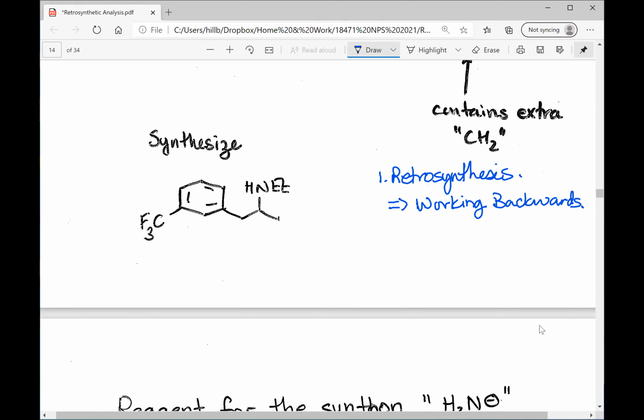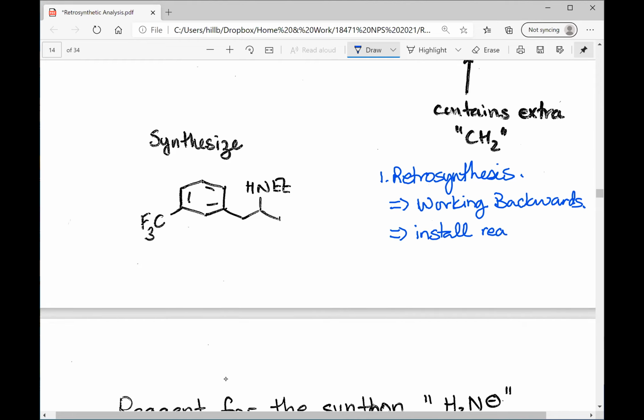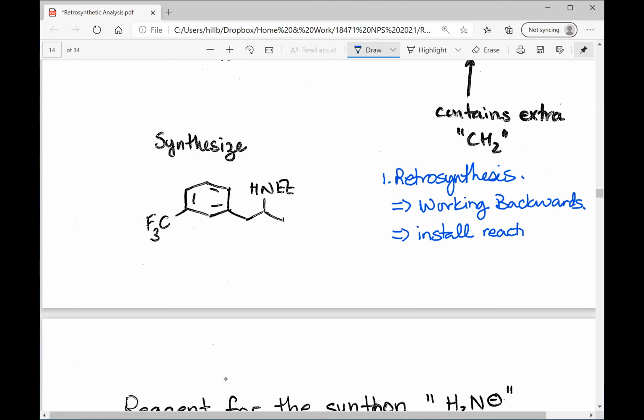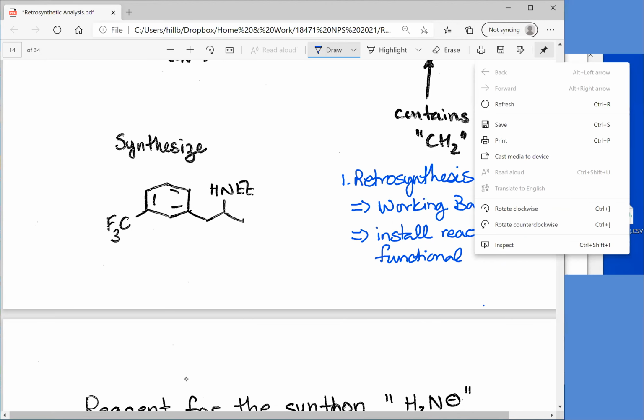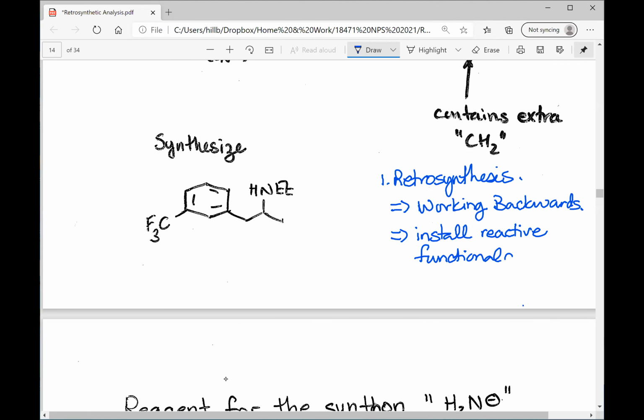And typically, one of the rules that we had when we were working backwards was that you want to install reactive functional groups last.